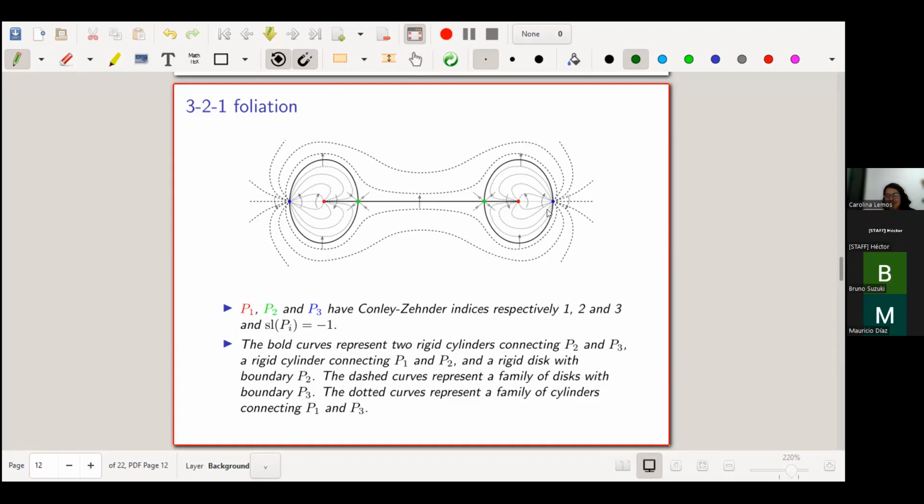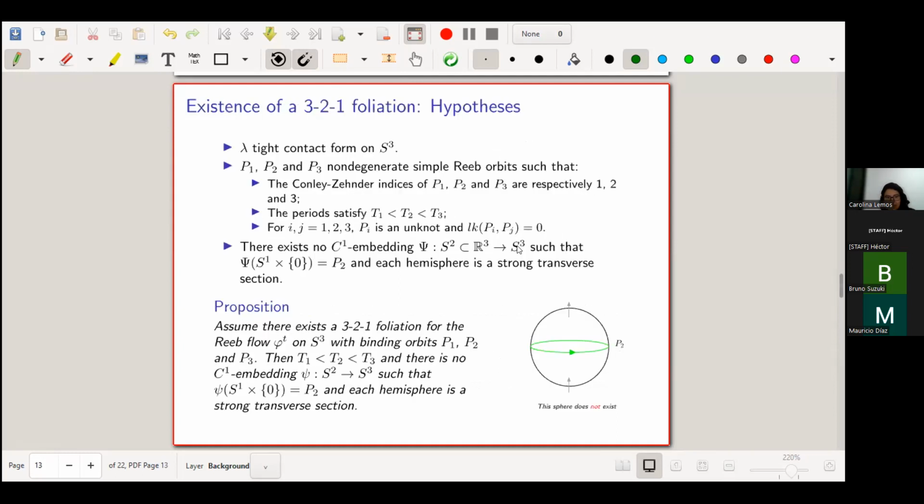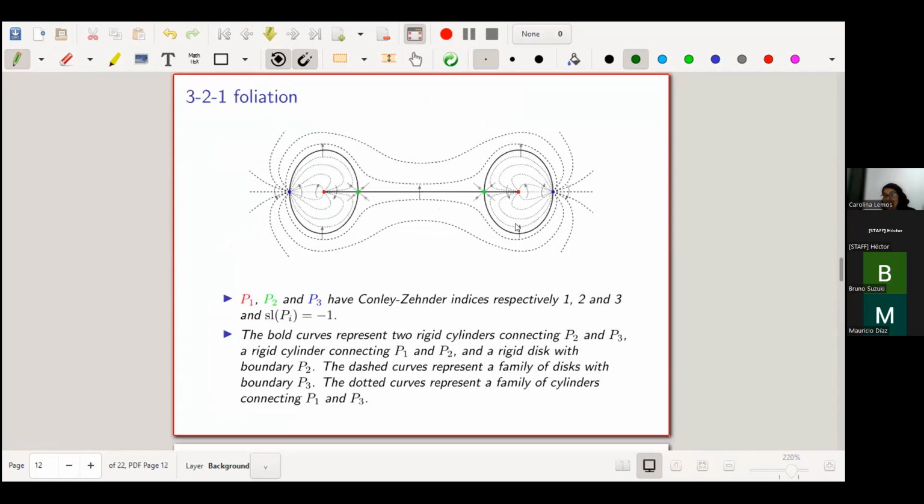Like here, this one is positive and this one is negative, for instance. But for this leaf, this one is positive. And the reason why I'm interested in this is because it's the simplest possible foliation that has index 1 binding orbits. So this is the first step, before studying more complex foliations.